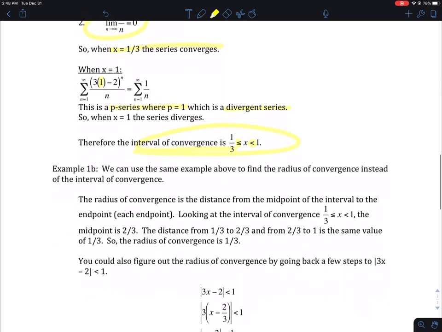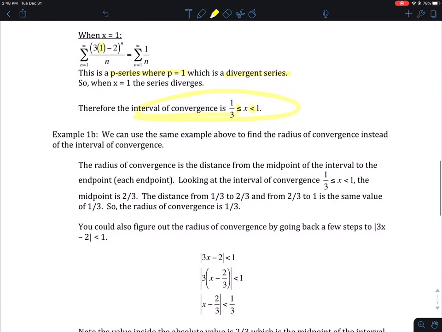Now, if you had already found your interval of convergence and they asked you to find the radius of convergence, you find the center point in the interval, and the distance from the center to one of the outermost regions is your radius of convergence. Typically, they don't have you do it after you've already found the interval of convergence.